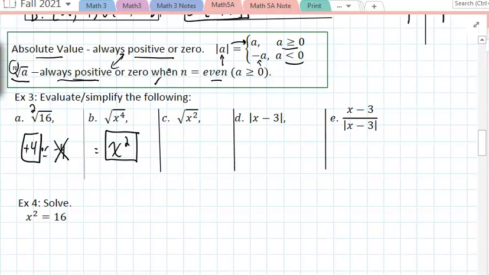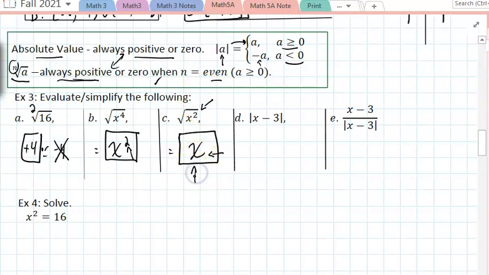If I look at part C, what do you multiply by itself to get x squared? X. Well, that's a problem. You can't just say an x. Why is that? Because if you square a quantity, it's always positive or 0. But if x is a negative 5, then this is saying negative 5 squared, which is 25, not negative 5.